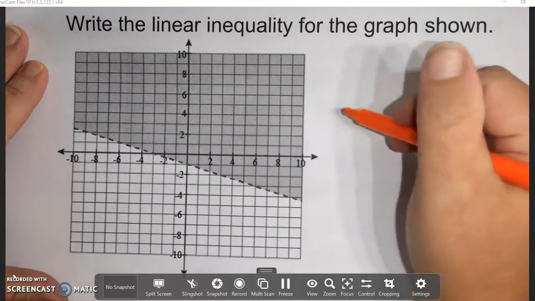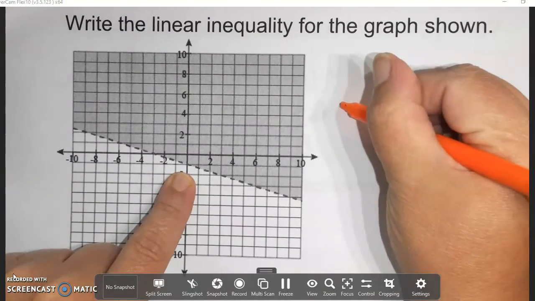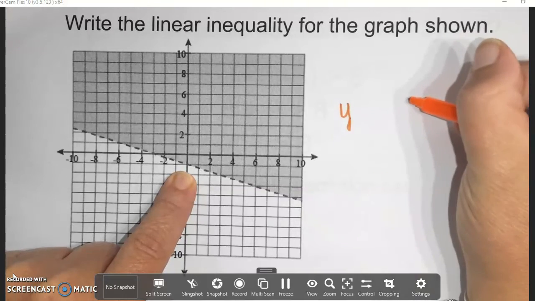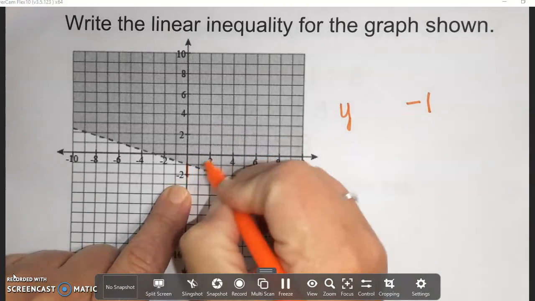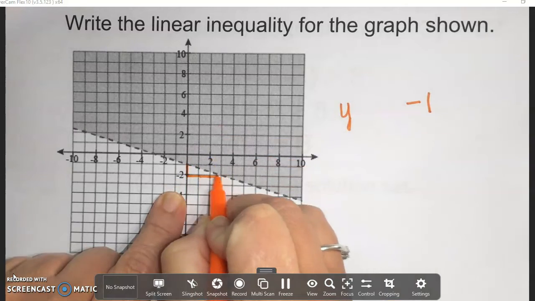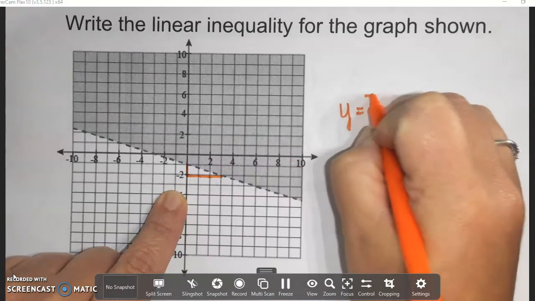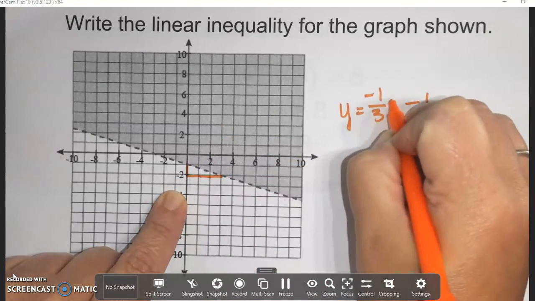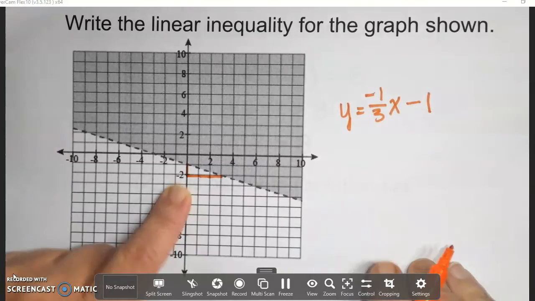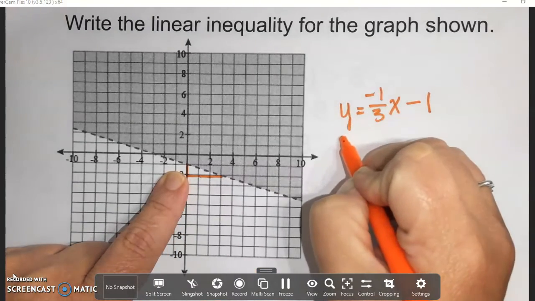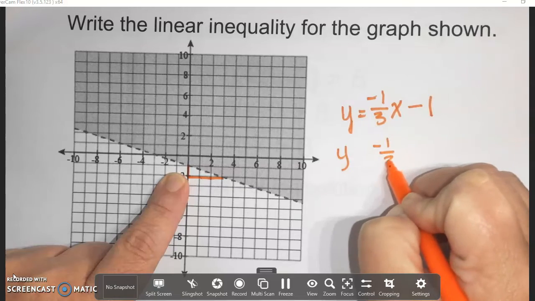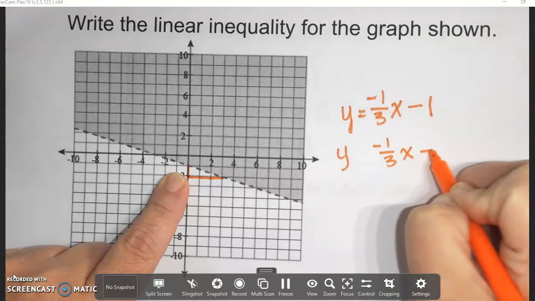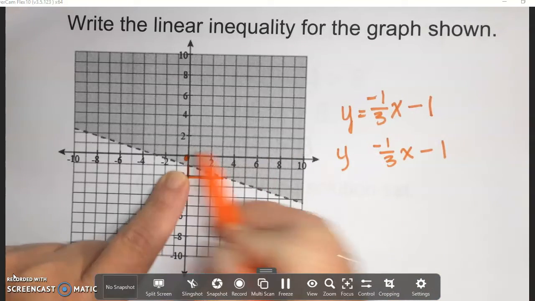Let's do this one. It's dotted. Our y-intercept is -1. Our slope is down 1, right 3, so -1/3 x. Okay? It's dotted. That's our boundary line. We've got to figure out is (0, 0) true.